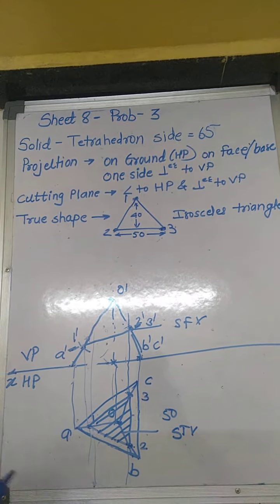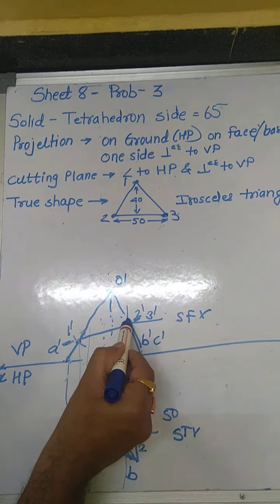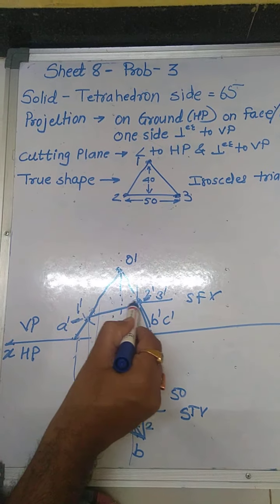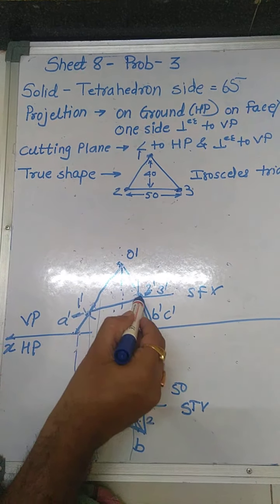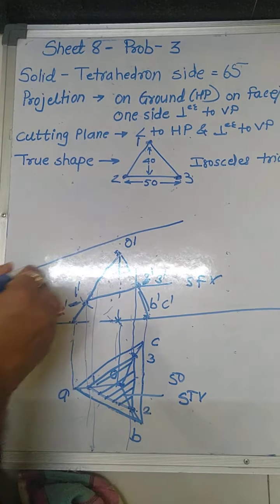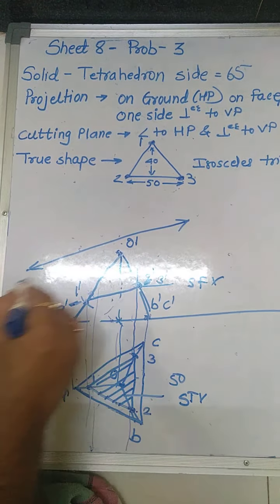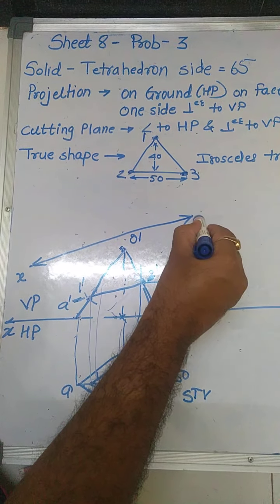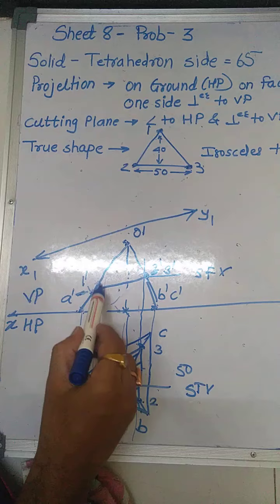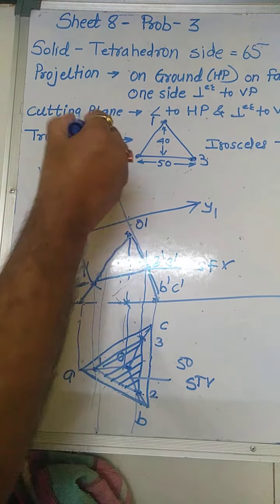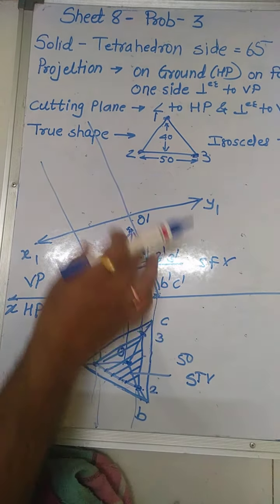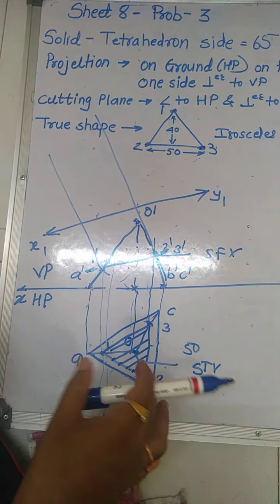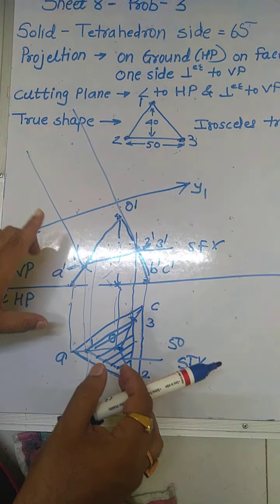Now how to draw the true shape? So the true shape should be an opposite view of the auxiliary plane parallel to this section plane, x1 y1. Now project that one, and you will have to mark here the true shape. From where will you get the distance?